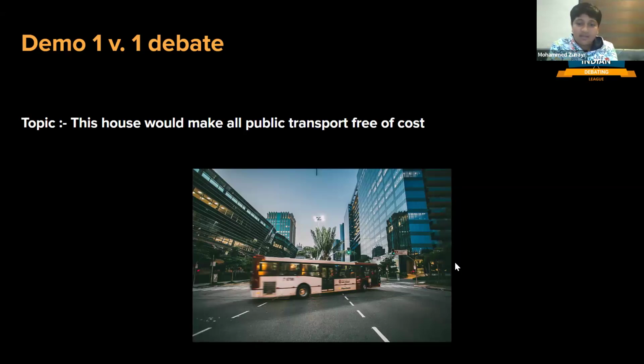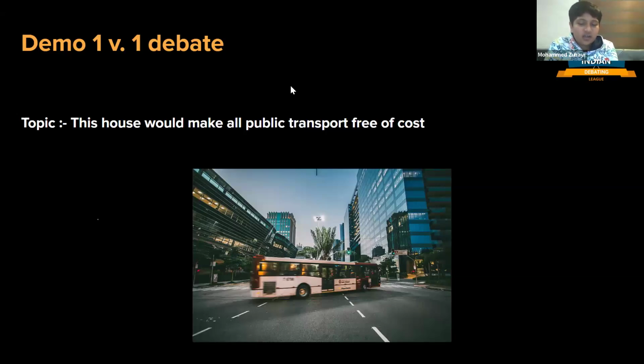I will highlight three main factors. Financial burden on the government and taxpayers. First, free public transport places a tremendous financial burden on the government, which would ultimately need to be covered by taxpayers. Public transportation systems already operate at significant costs.